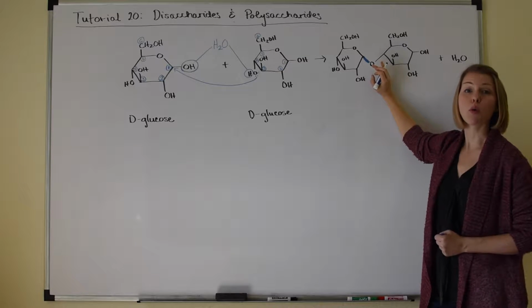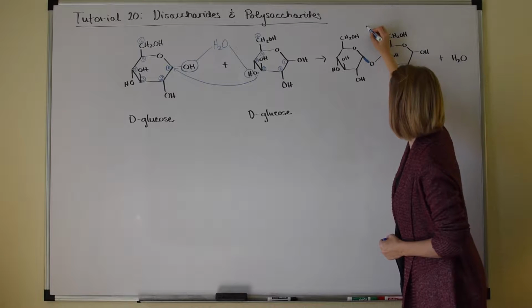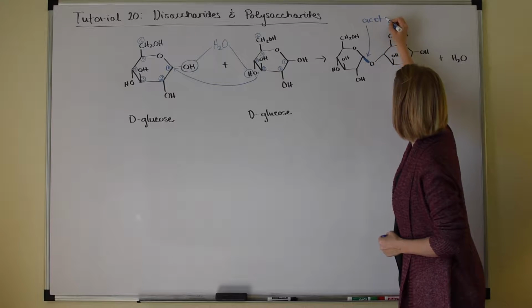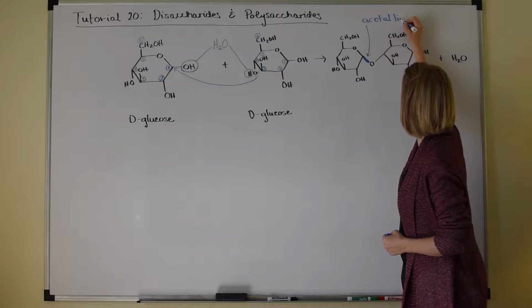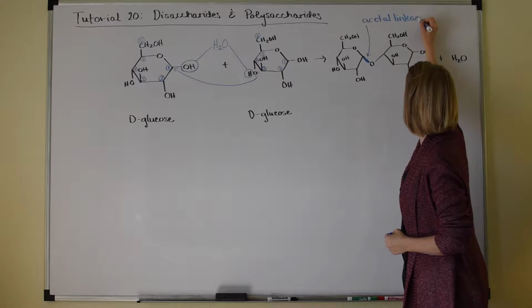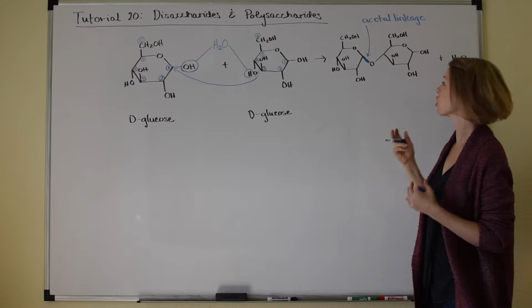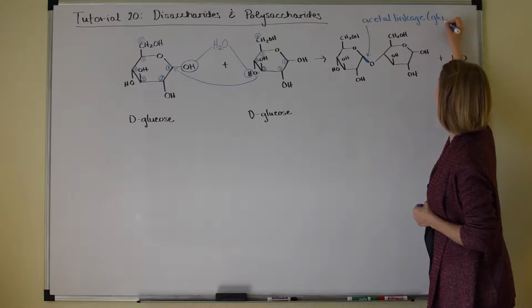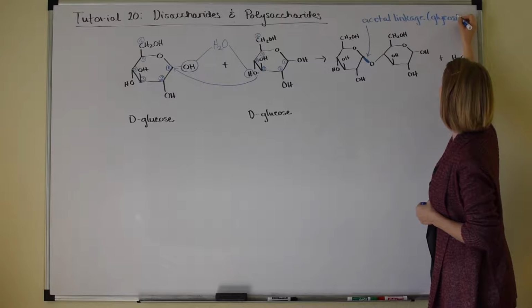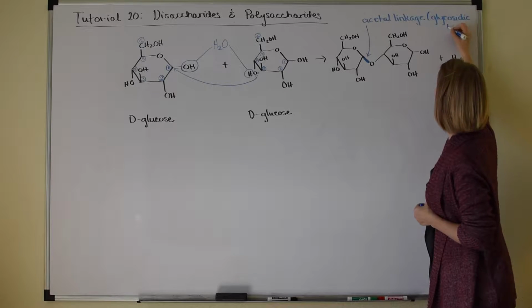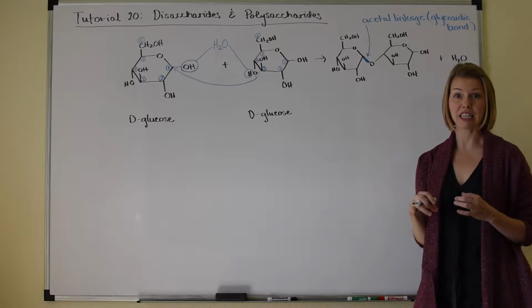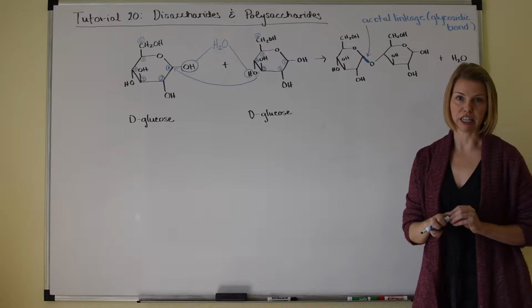So I'm going to label that both ways here. Okay, so this is our acetal linkage, which in sugars is referred to as a glycosidic bond. So from now on, you will hear me refer to that linkage as a glycosidic bond.